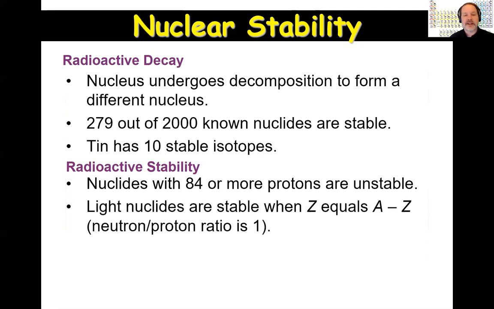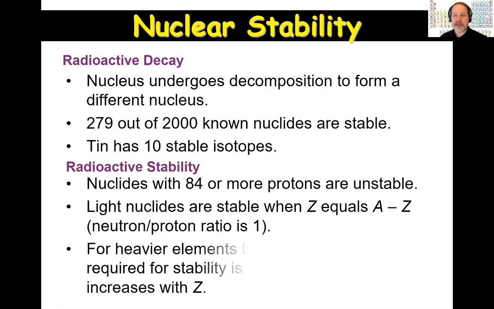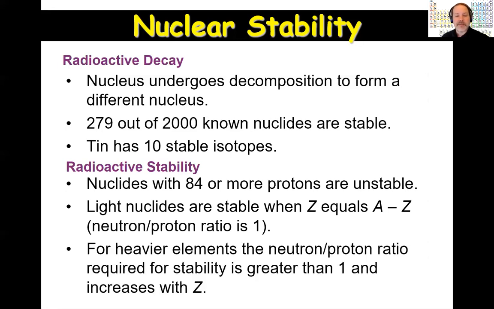Light nuclides are stable, especially when they're Z equals A, which means you have about the same number of neutrons and protons. There's something unstable when you start having more neutrons than protons. For heavier elements, though, this neutron to proton ratio required for stability actually becomes greater than 1, meaning it's okay to have some more neutrons versus protons.